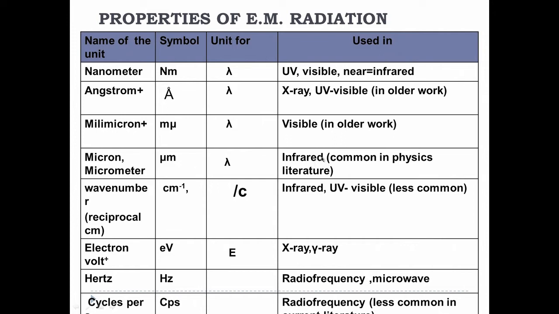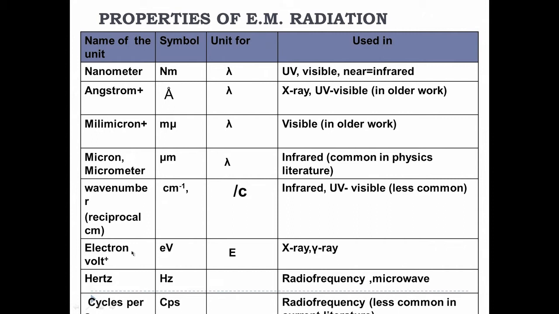That means, whenever we talk of infrared radiation, we say the wavelength is in microns or micrometers. Similarly, wave number we use in infrared also and in UV visible, but in UV visible it is less common. Then whenever we represent an electromagnetic radiation, they say the energy of the radiation is in electron volts.